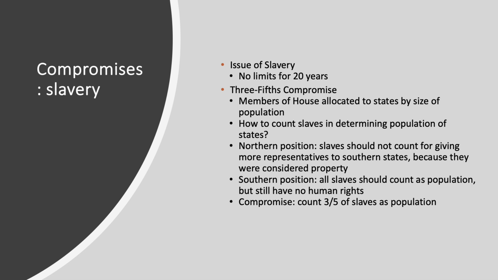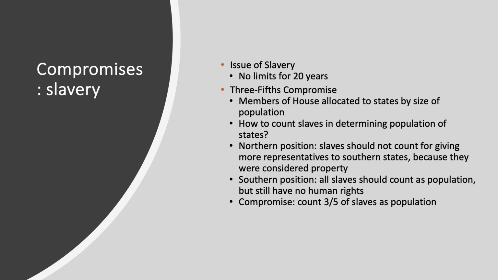Now, if you're Virginia, you're saying, we should definitely count the slave population as individuals, because that would give them more members of the House of Representatives, and they'd have then more power to protect slavery. But northern states' representatives at the Constitutional Convention were saying, no, you cannot count the enslaved population because they don't have any rights, and you say they're property, and now you want to count them. It's not fair. They shouldn't count.